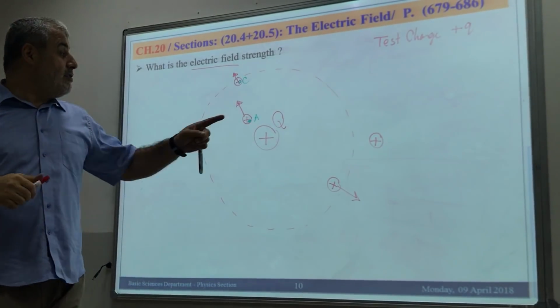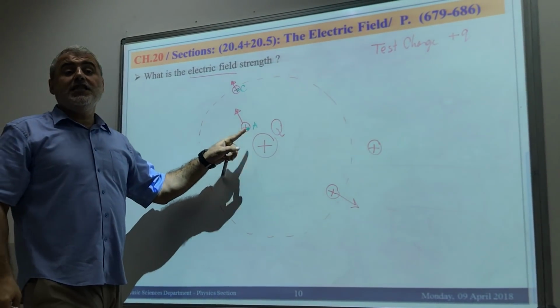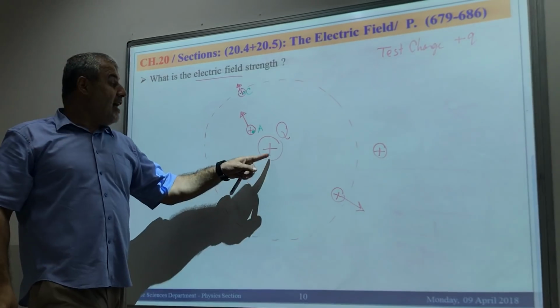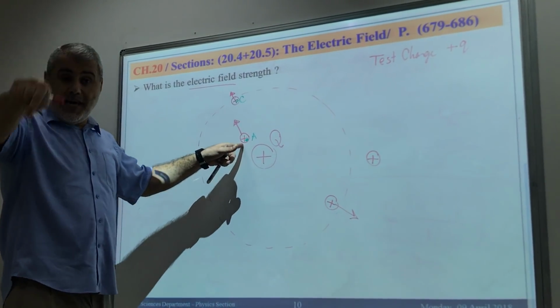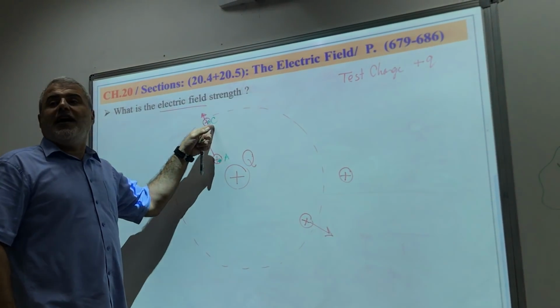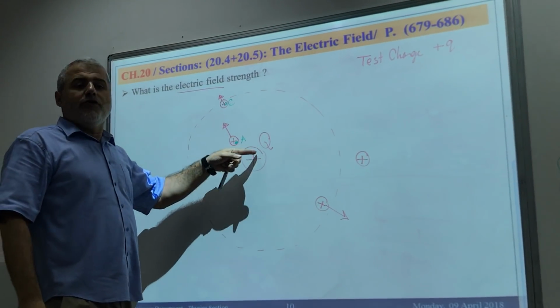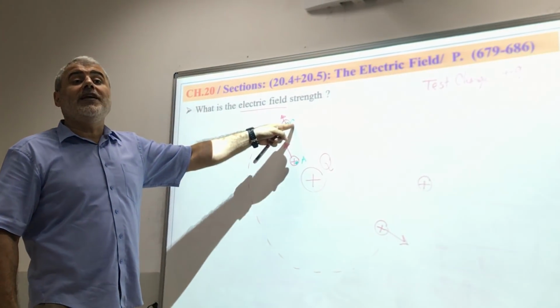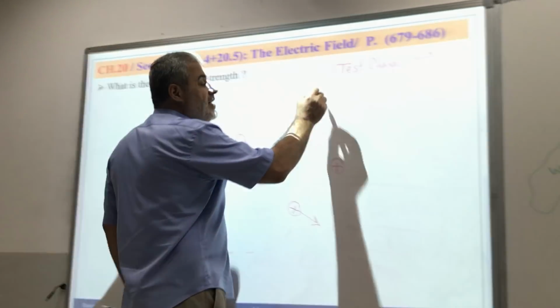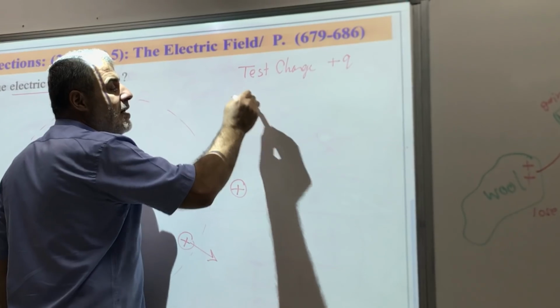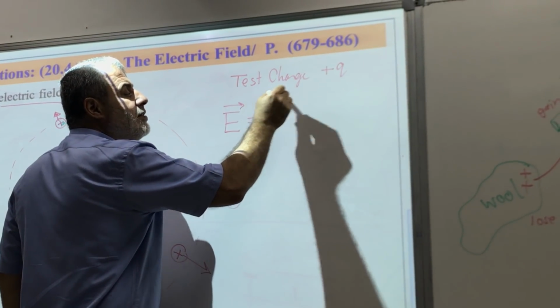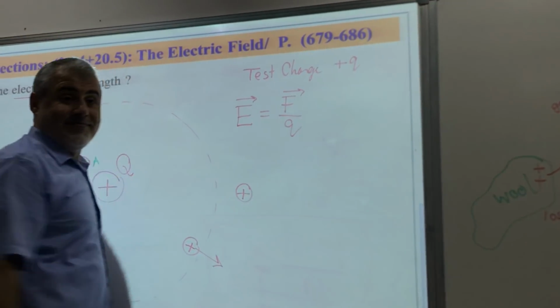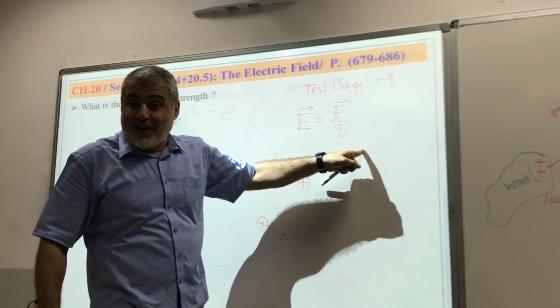So simply, the electric field at A is the force of repulsion acting on a test charge placed at A. And the electric field at C is the force of repulsion between the main charge and a test charge placed at C. So simply, I'm going to say the electric field, pay attention, is the force over q, the force acting on a test charge.